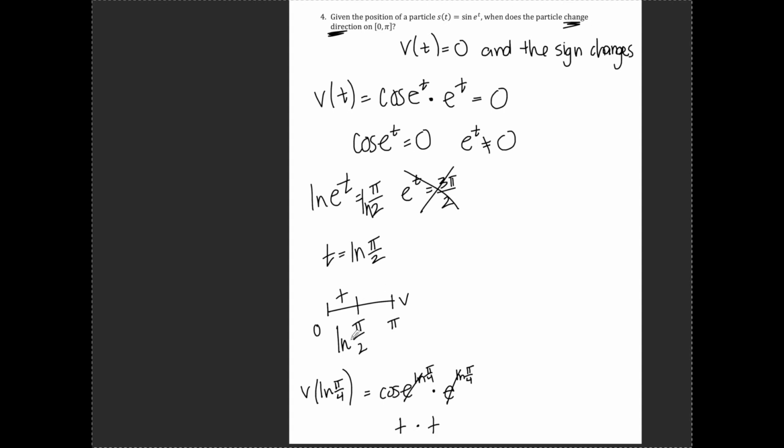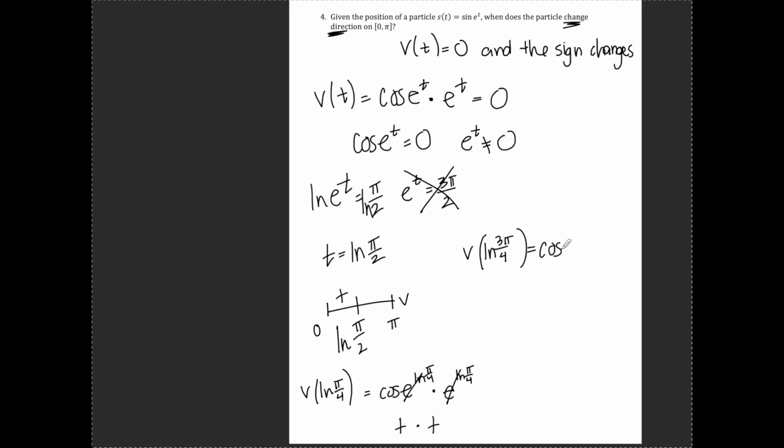For the section from ln of pi over 2 to pi, I'm going to test a value between pi over 2 and pi. So say I pick 3 pi over 4. So now I'm going to do v of ln of 3 pi over 4. Again, that critical value has the ln in front, which is why I stick the ln in when I'm plugging in for t. But it ends up just canceling with the e's anyway, so it's really not so bad.